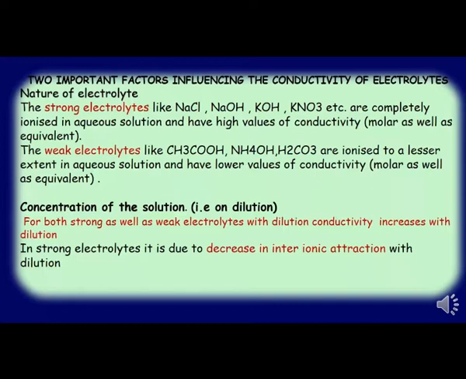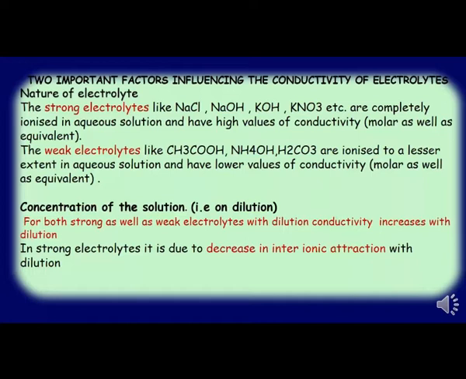In case of a strong electrolyte, the increase in the molar conductivity is due to the decrease in inter-ionic attraction. When the concentration is high, the anions and cations are much closer to each other.